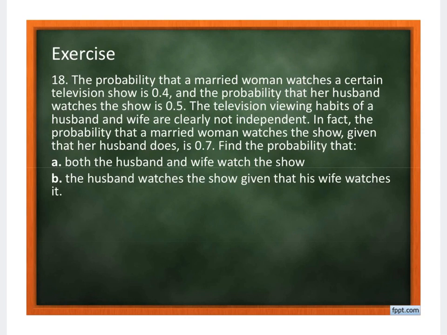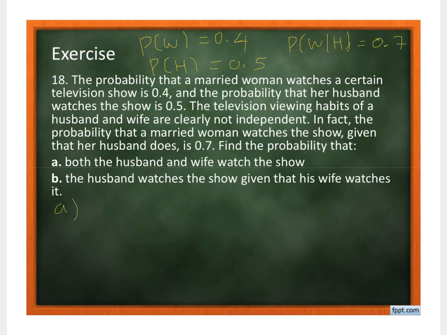Okay, now A. What is known here is the probability of the wife watching is 0.4. The husband watching is 0.5. The probability of wife given husband is 0.7.